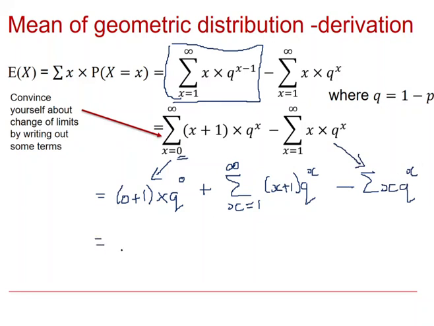And 0 plus 1 is 1, q to the power 0 is 1, so this term gives me 1, and then I have two summations that you may see have something in common. I have x plus 1 q to the x.